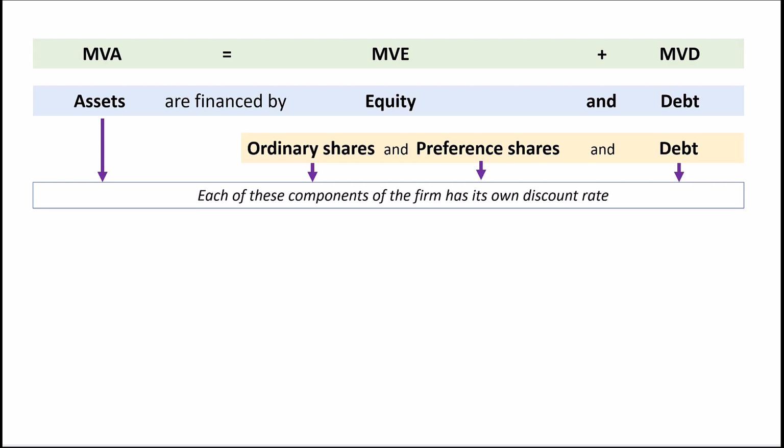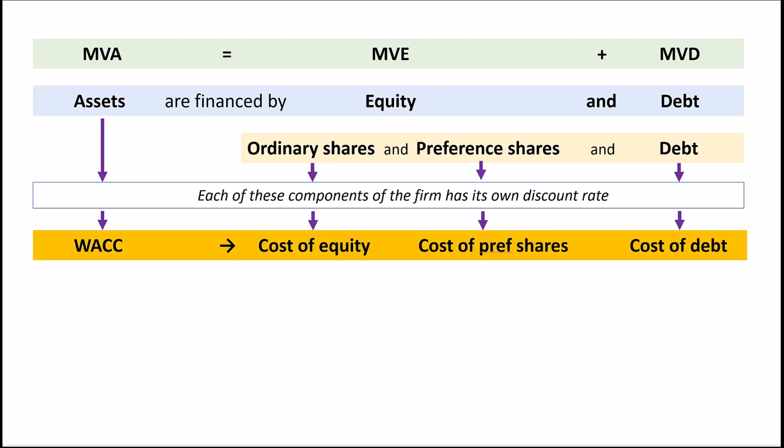The component costs are combined into an overall weighted average cost of capital for the firm. This creates an easily understood structure for the study of the cost of capital. On the left-hand side, we have WACC, which is used to discount the cash flows produced by the firm's assets and is a combination of the costs of the firm's different capital components.